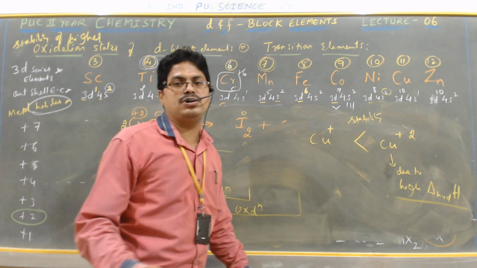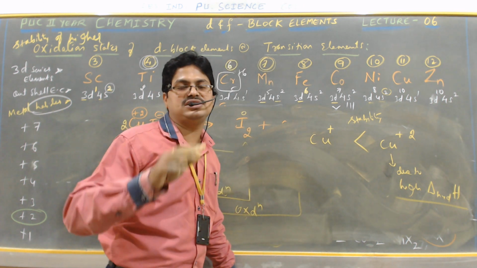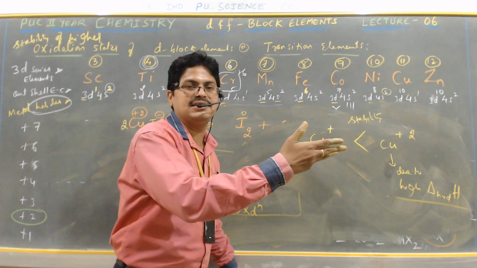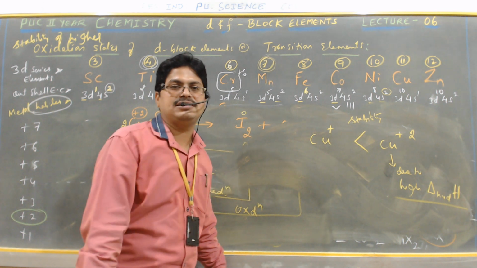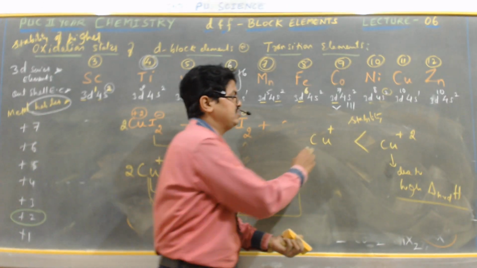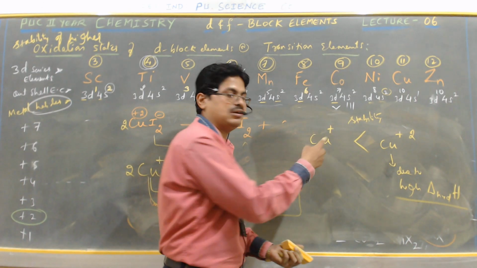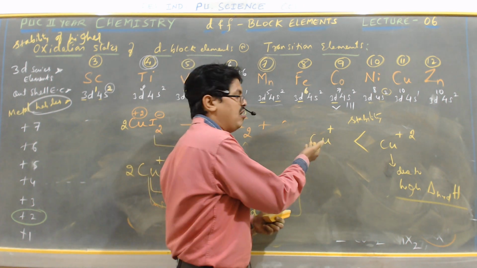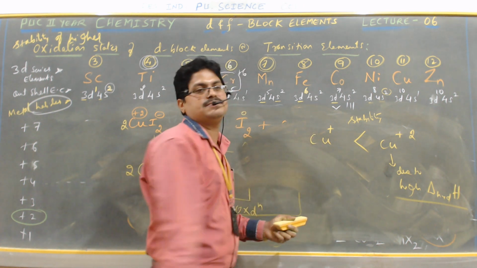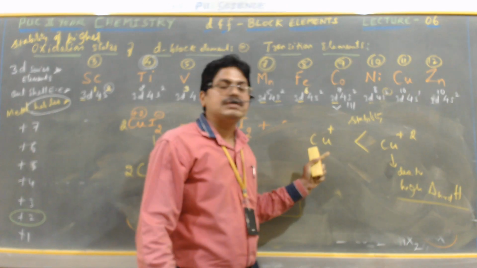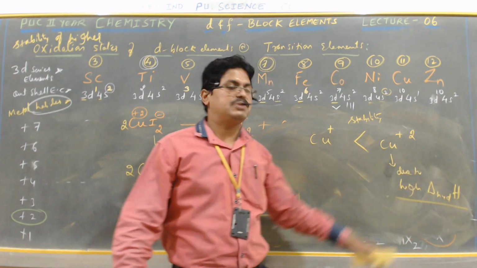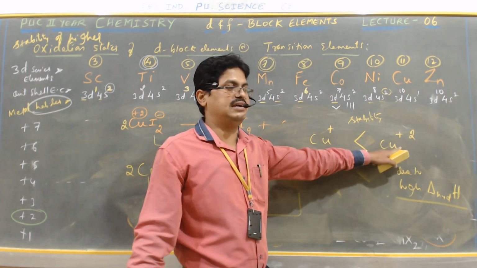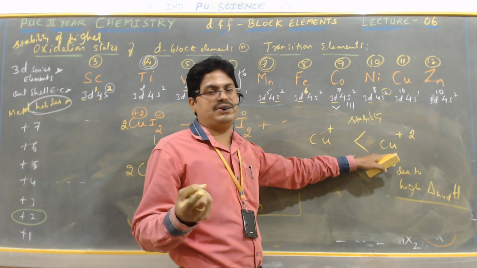As we know, copper's first ionization energy is low because it loses the 4s electron easily. Cu+ is 3d10 in configuration, having stability, but even so it is unstable. Why? Because Cu2+ is stable. Its size is small, and the smaller the size, the higher the hydration enthalpy.